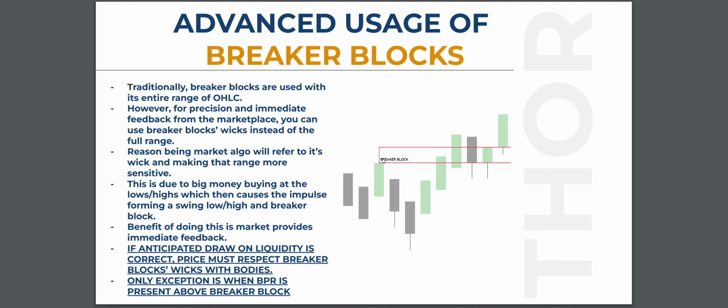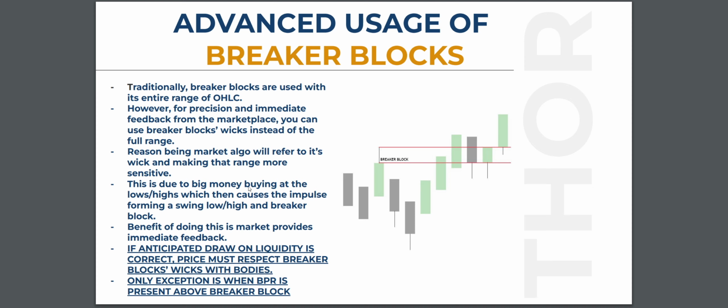And it is also a signature. It's a sign whether you're right or wrong, because when it's pulling back into a breaker block, if you see the bodies of the candles are not respecting the wick, that means you might be wrong, right? That is immediate feedback. So you might want to close your long positions, or whatever the case is, maybe tighten your stop loss.